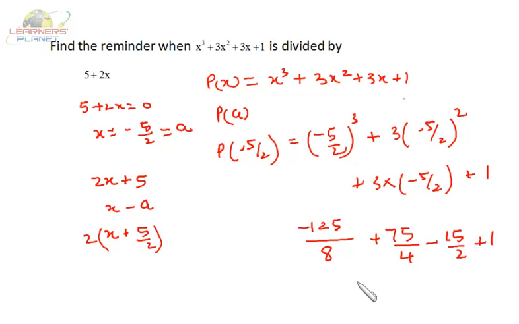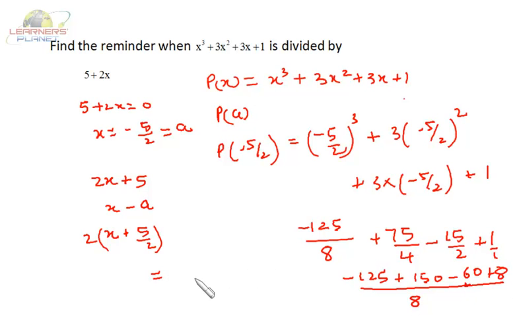Okay, so let's take the LCM. So it's minus 125, plus 4 2s are 8 and 2 into 75 is 150, minus 2 4s are 8 and 4 into 15 is 60, plus 8.